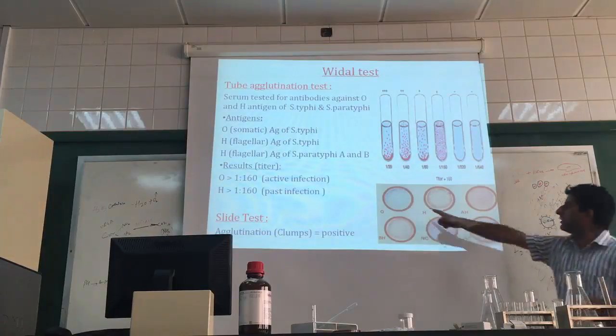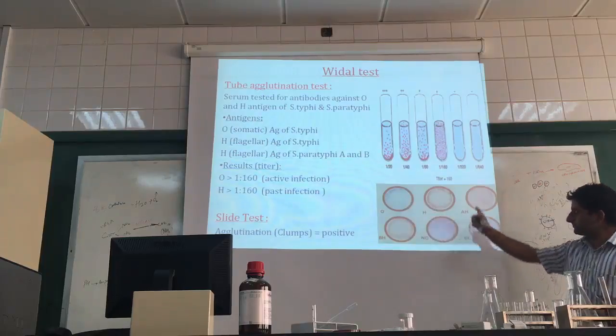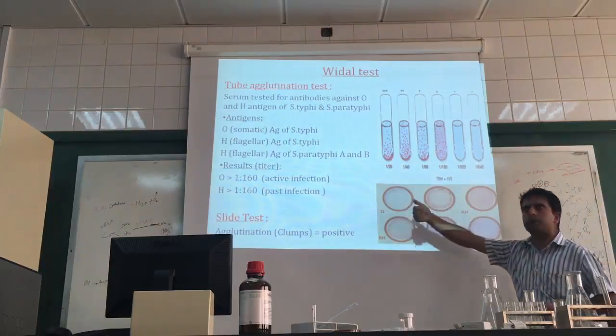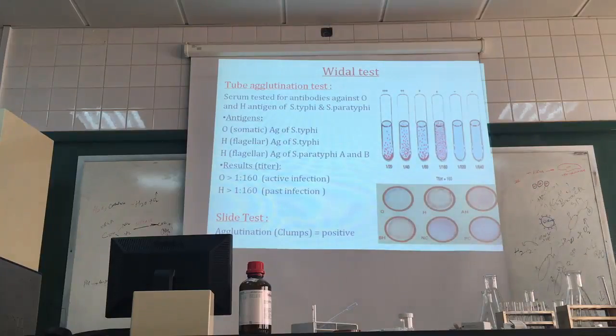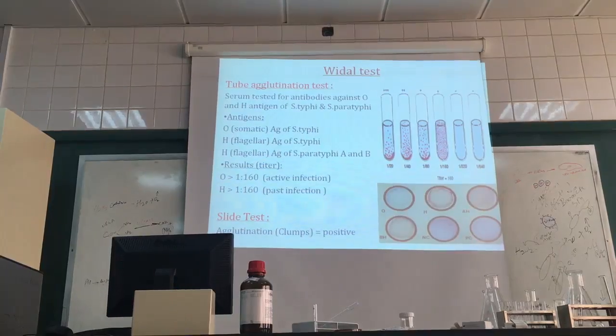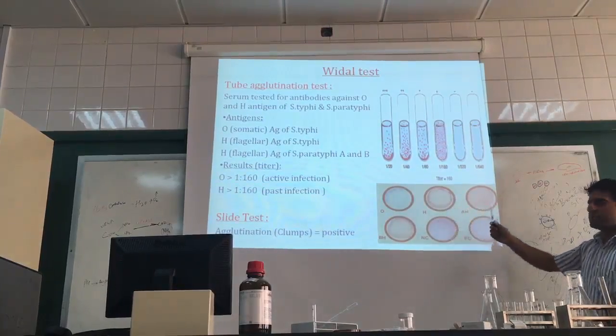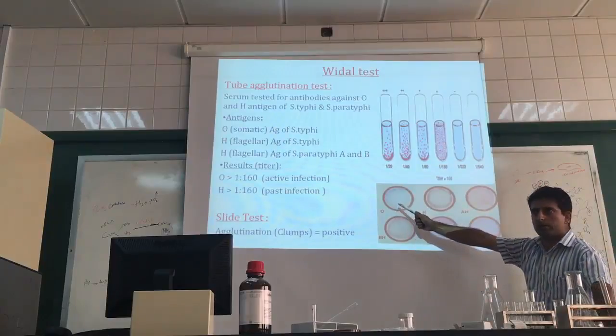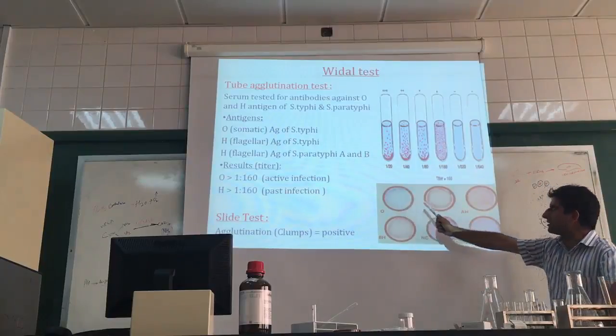Here now you see the antigens are already here. The antibodies are here on the plate, and when you put the serum sample, it depends on the clumping, agglutination. If agglutination happens, you will say it is positive. In this slide it has been shown this patient has infection of Salmonella typhi, O present, H present.